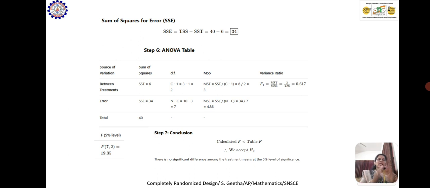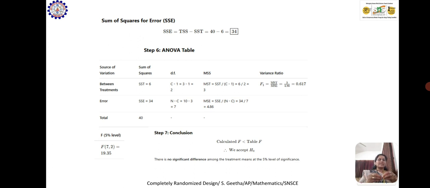Now we are going to the ANOVA table. The ANOVA table includes the source of variation, sum of squares, degrees of freedom and mean square value. Then we have to calculate the F ratio value. Here the sum of squares between the treatments is SST, and the degrees of freedom is 3 minus 1, which is equal to 2.